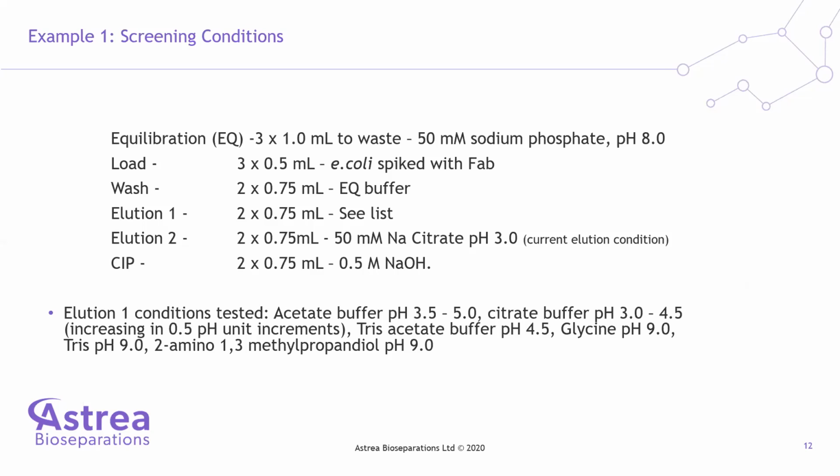We also looked at 3 different buffers at pH 9 as possible wash conditions. After we'd put our primary elution buffer on, we went in for a second elution with our existing elution condition, which was the citrate at pH 3, to see what remained on the column.